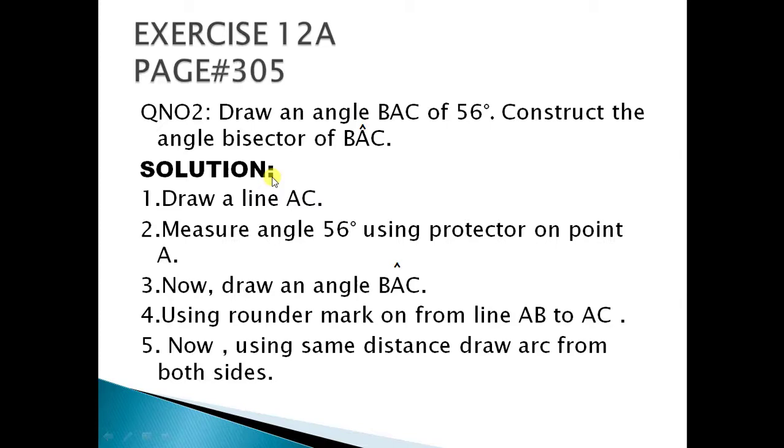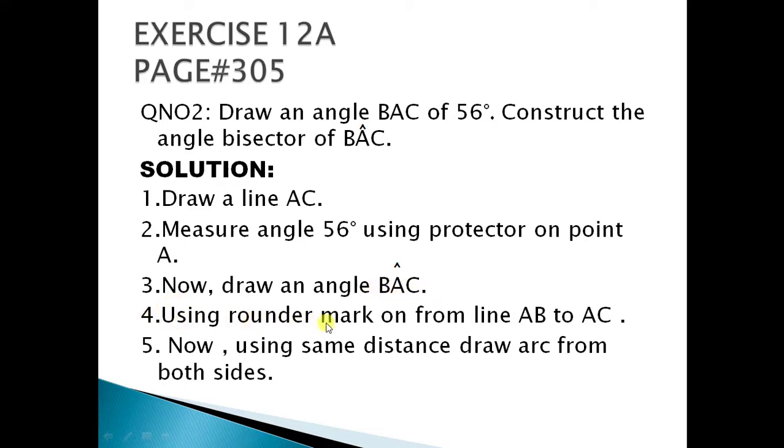Okay, we have a solution over here. We have a first part. Draw a line AC. Measure an angle of 56 degrees using a protractor at point A. We have a third point. Now draw an angle BAC. Fourth point.